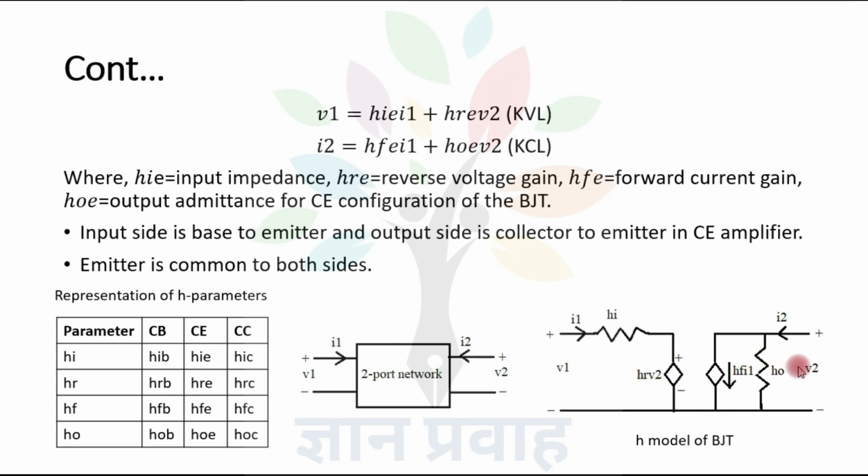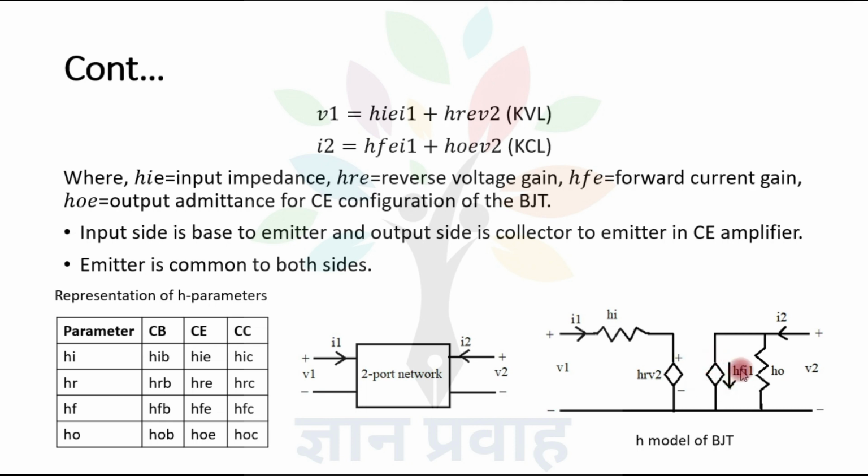Similarly, here we apply Kirchhoff's current law for plotting this model at the output side. So I2, the output current, equals HF I1 plus HOE V2. We can see this factor depends on the I1 current. I1 is the input current, so that is the dependent current source.